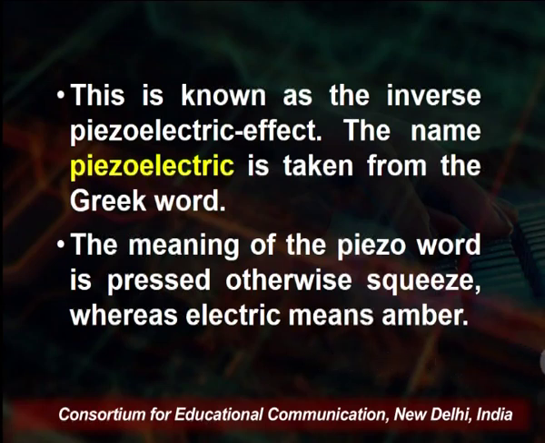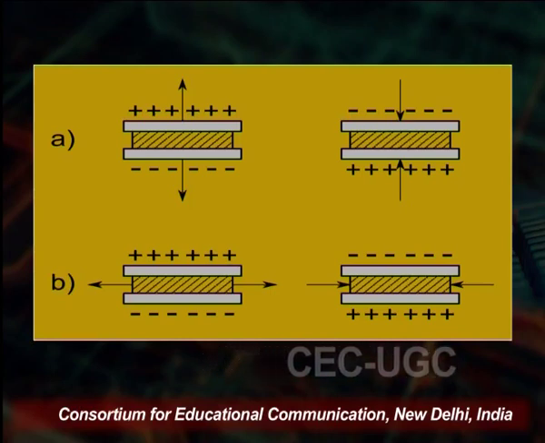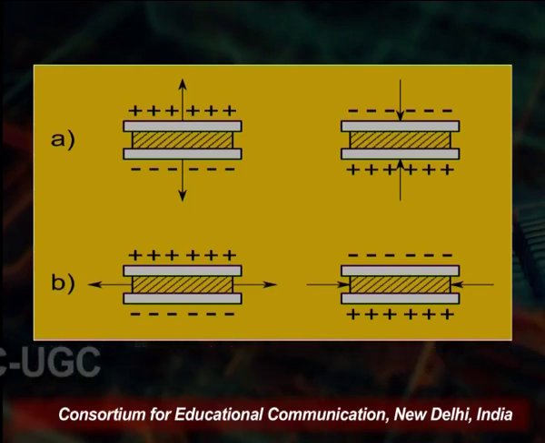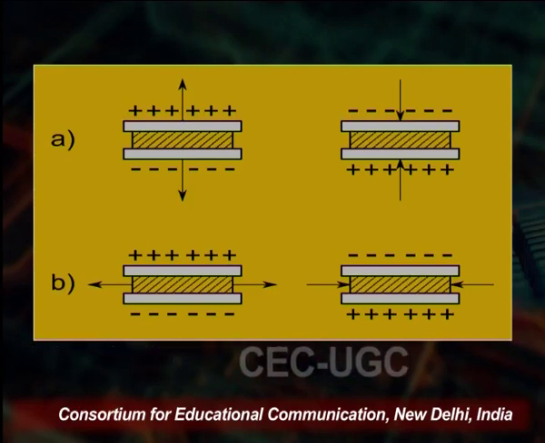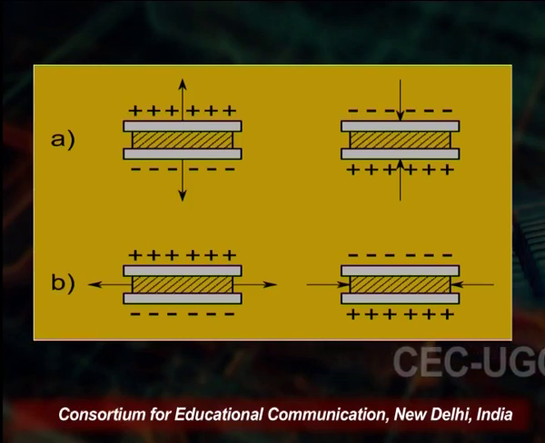The meaning of the word piezo is pressure, or squeeze, whereas electric means amber. So piezoelectric means that when we give pressure to the crystal, an electric charge is generated. You see here on the screen that pressure is given, and it is showing the inverse piezoelectric effect also. Here it is given in the upward direction, and moreover in the downward direction, and both are displaying it.